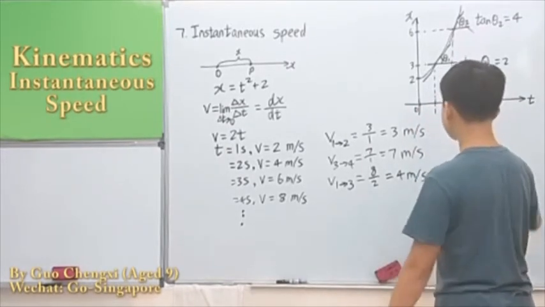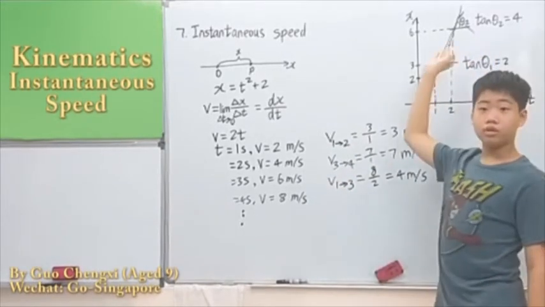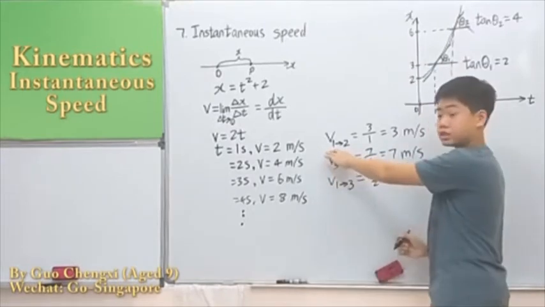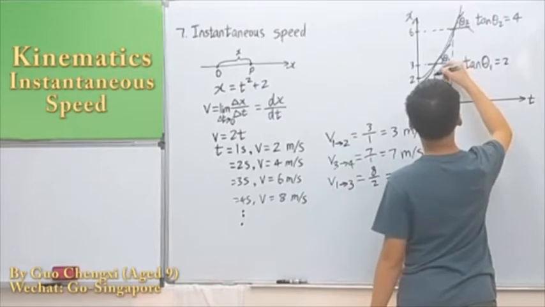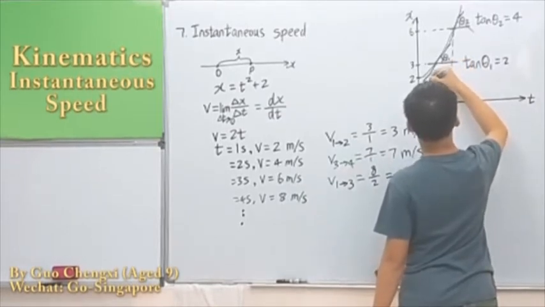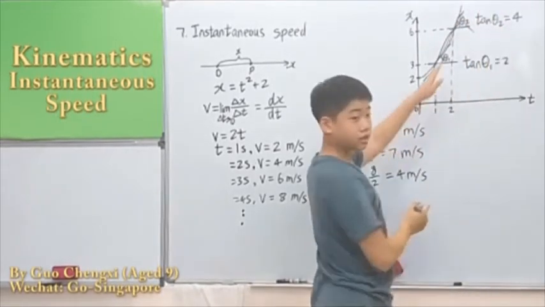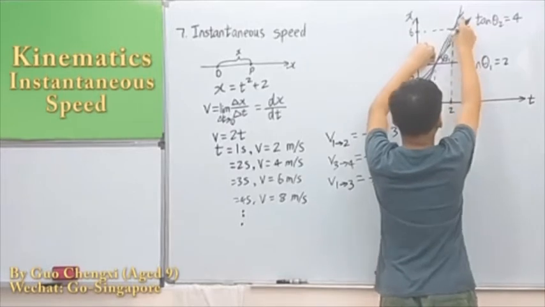But then what do all of these represent on this graph? Let's say it is from the first second to the second second. Basically we draw this line across which intersects this part at this point and here.